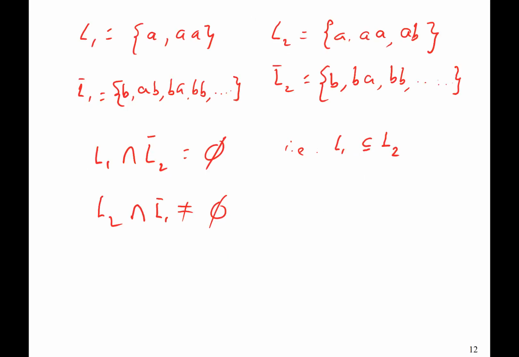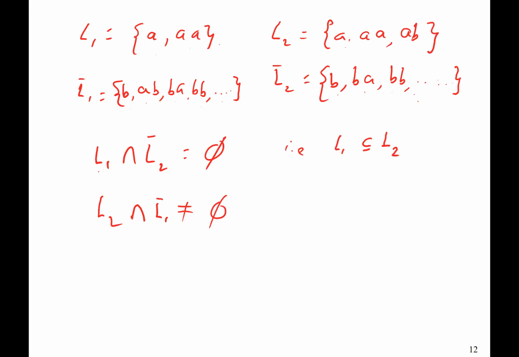So for example, take a finite set of strings in language L1 and a finite set of strings in language L2. Let's say L1 is AA, L2 is AA and AB. L1 bar would be an infinite set, all strings that are not in L1: B, AB, BA, BB, and so on. All strings that are not in L2, L2 bar, the L2 complement, will be B, BA, BB, and so on.